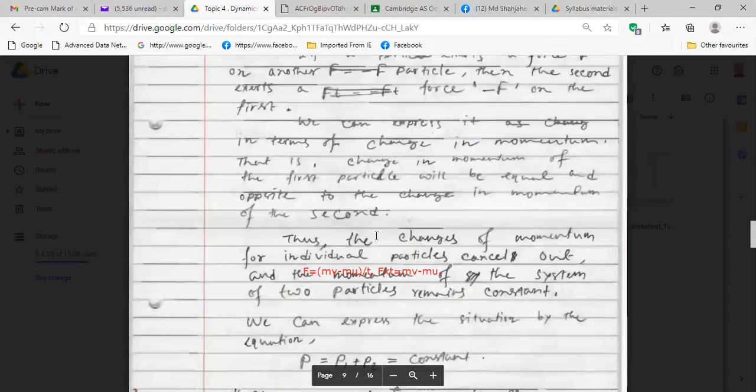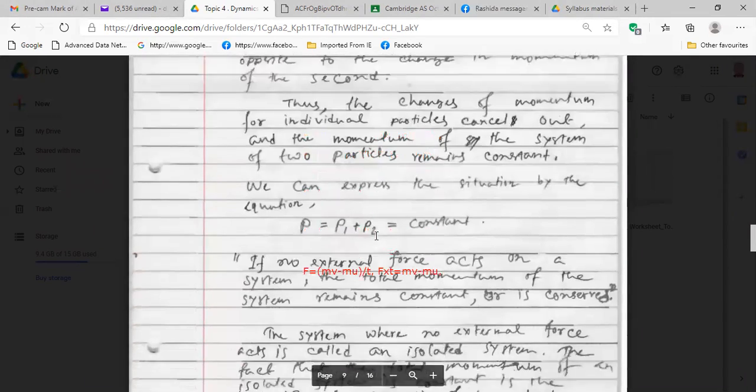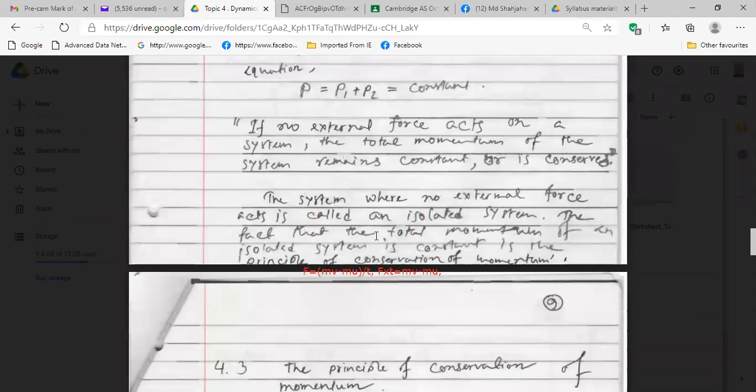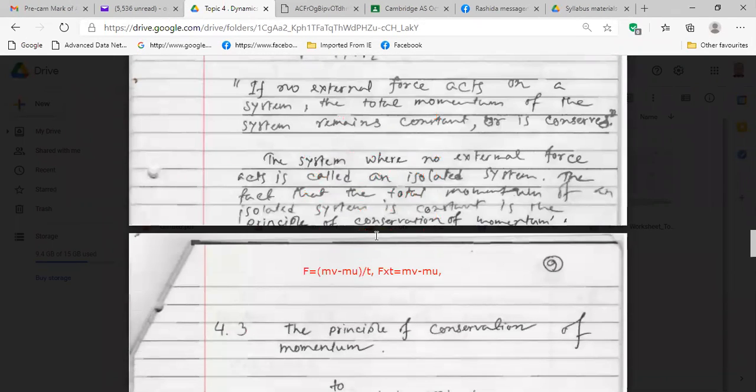So look here, we have mv minus mu, right? So if you think mv is p1, where p means momentum, then p1 minus p2, right?